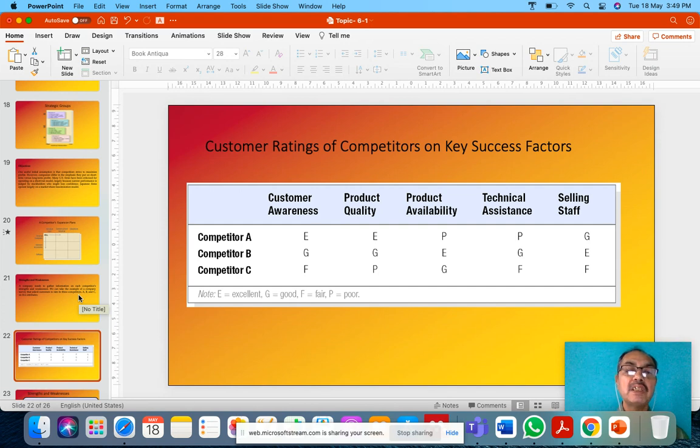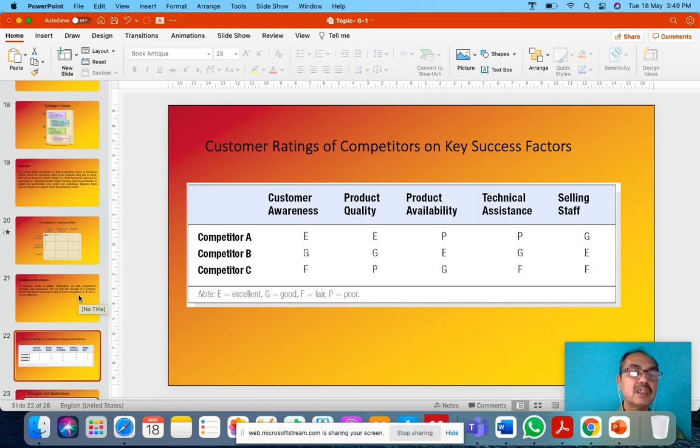And competitor B is good in customer awareness and good in product quality, but in product availability they are excellent, technical assistance is good, and selling staff is excellent.